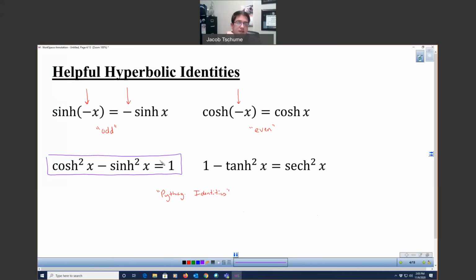The big difference here is that it's not addition anymore, it's subtraction, and it must be in this order for it to work. Another identity we might see is that 1 minus the hyperbolic tangent squared value is going to equal hyperbolic secant squared. So make sure you know both of those hyperbolic Pythagorean identities along with the idea of even and odd above.